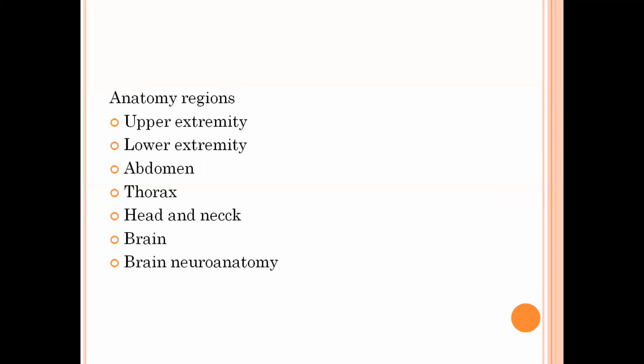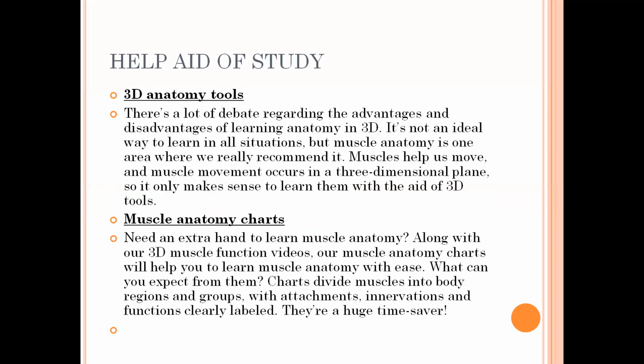So all these books try to cover all these regions. Apart from these, we need some tools to study perfectly, so we can understand anatomy very easily. What kind of tools do we want to use?